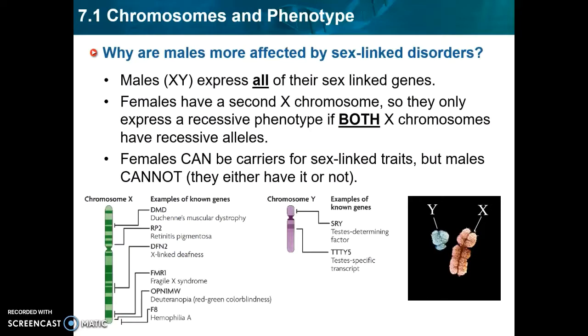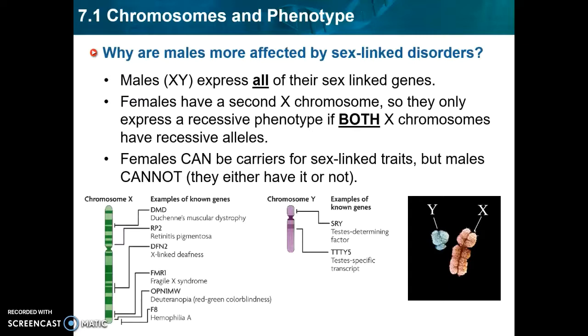So you can kind of see from that example that males are going to be more affected than females by sex-linked disorders. And it all comes down to the fact that males are XY. So that means every single allele on the X chromosome gets expressed, whether it's dominant or recessive, because there is not another allele present to kind of cancel it out.